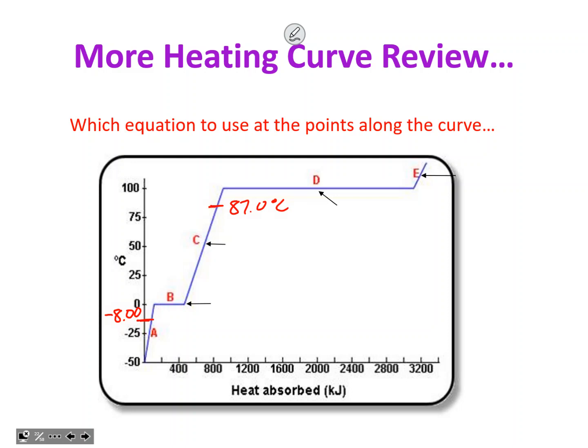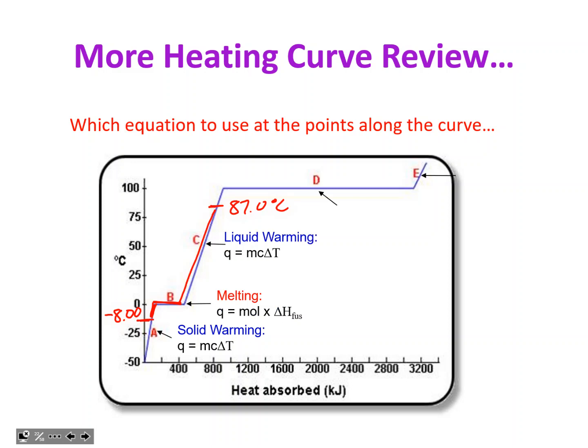So if we were to calculate heat there, you have to warm it first, then you have to phase change it, then you have to warm it again. So it takes like 3 steps. On the slopes, you're going to do Q equals mcΔT. On the plateaus, you would do the phase changing.